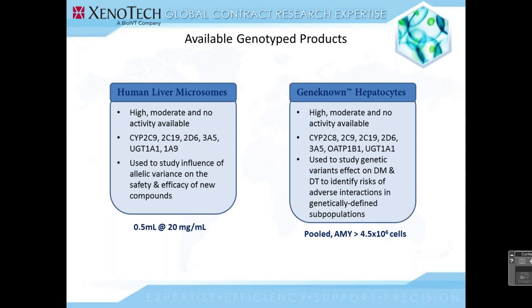Regarding the GeneKnown Cryostack hepatocytes, these are used to study genetic variants' effect on drug metabolism and drug transport to identify risks of adverse interactions in genetically defined subpopulations. This is a pooled product, usually a pool of 3, but we can customize these for larger pools if needed, and these contain 4.5 million cells per vial. These are available in some degree with high, moderate, and no activities for CYP2C8, 2C9, 2C19, 2D6, 3A5, OATP1B1, and UGT1A1.